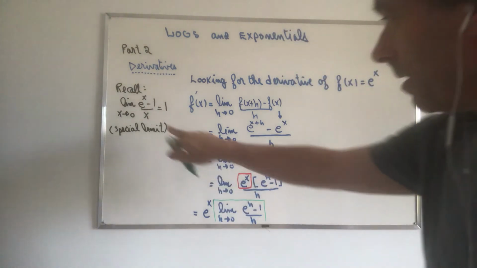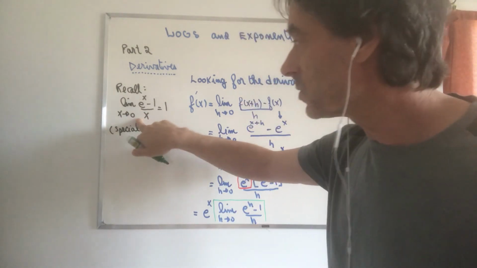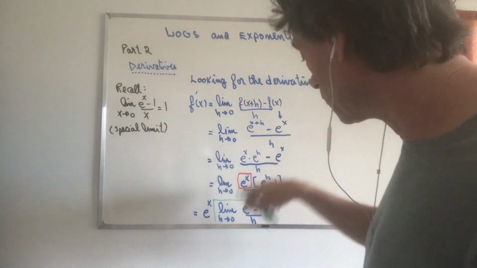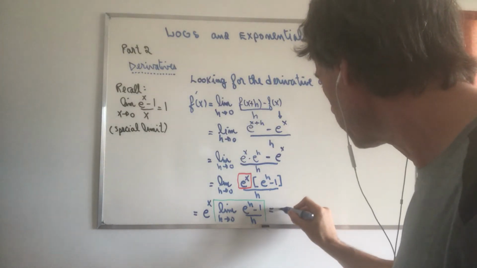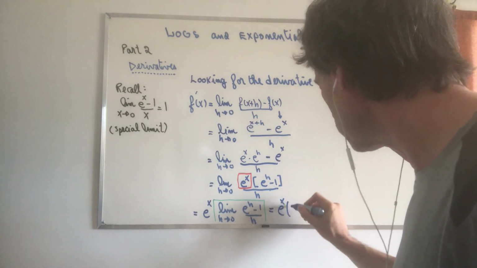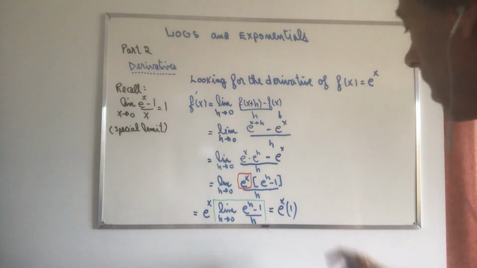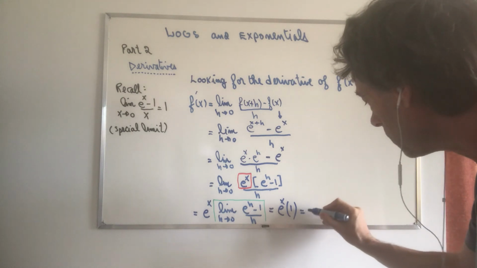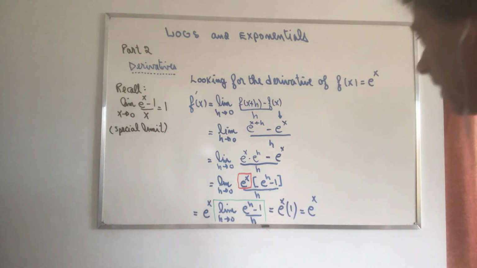What is that? It is this, where x has been replaced with h. So this whole thing is 1. So f prime of x is e to the x times 1, which is e to the x.